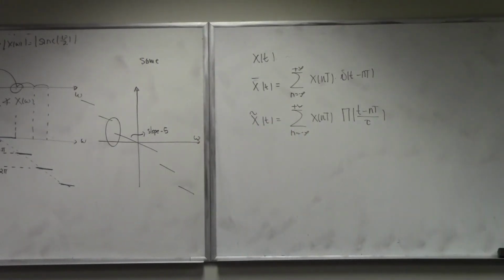So that's what he's having here. And it says, well, show that x of t can be recovered from these samples if you are sampling at the Nyquist rate.